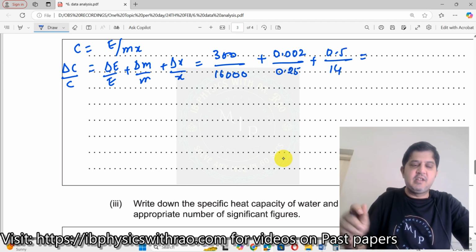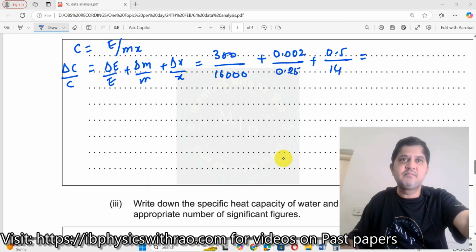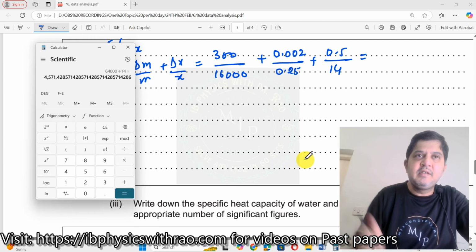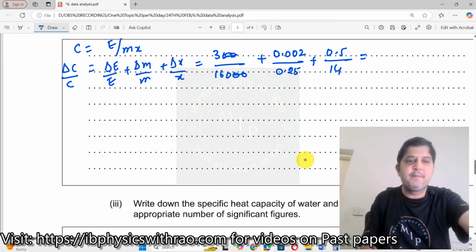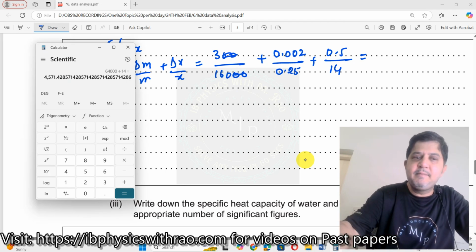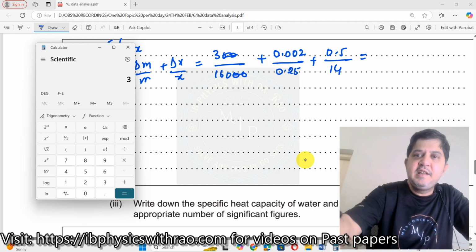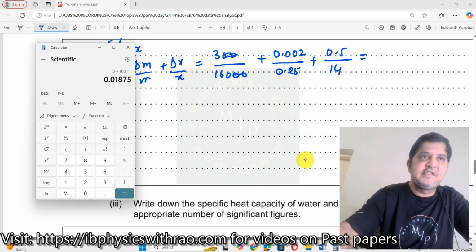Now let us calculate all these values. The zeros cancel, so I have 3 divided by 160.